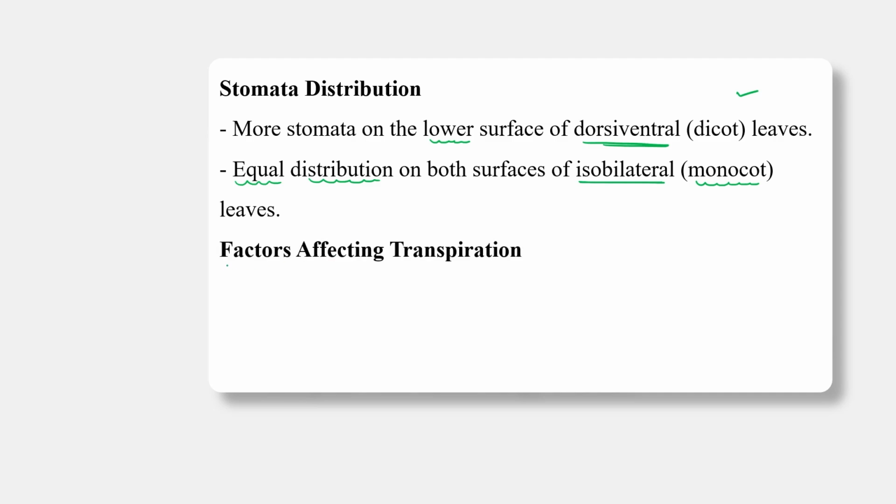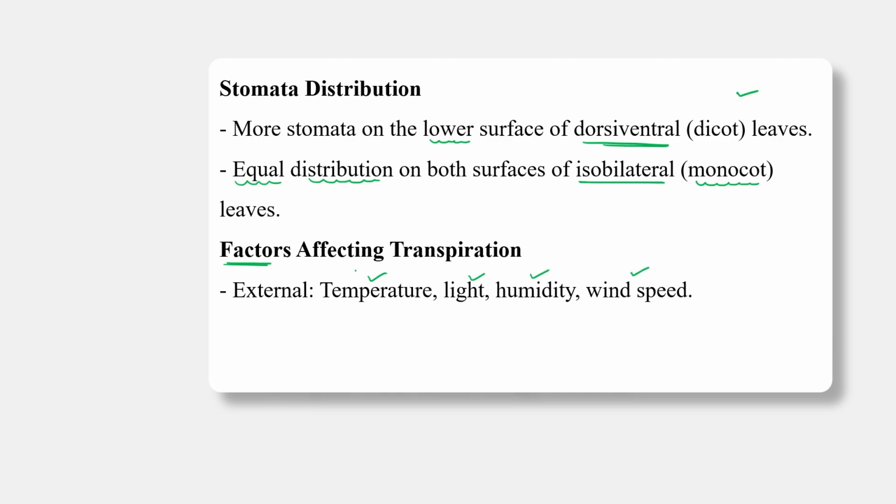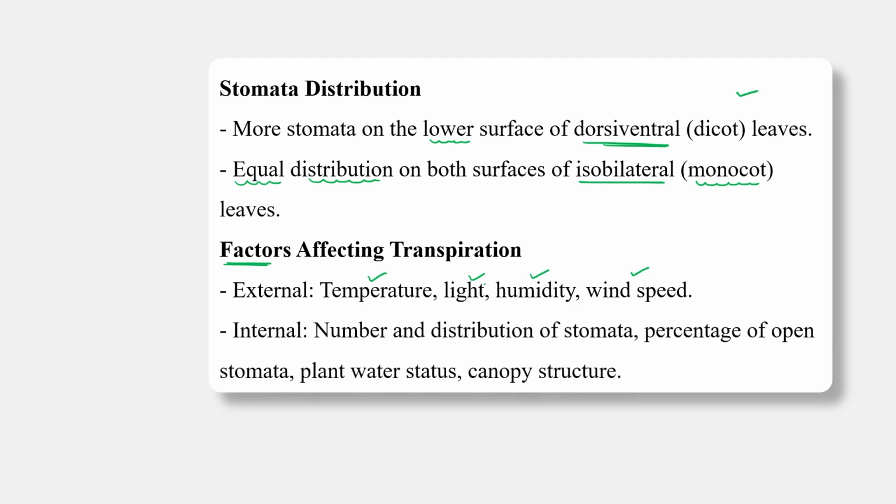Now let's discuss the factors which affect transpiration. All the abiotic factors like temperature, light, humidity, wind speed are certain factors which actually affect transpiration. If humidity is more, then comparatively less water moves out.